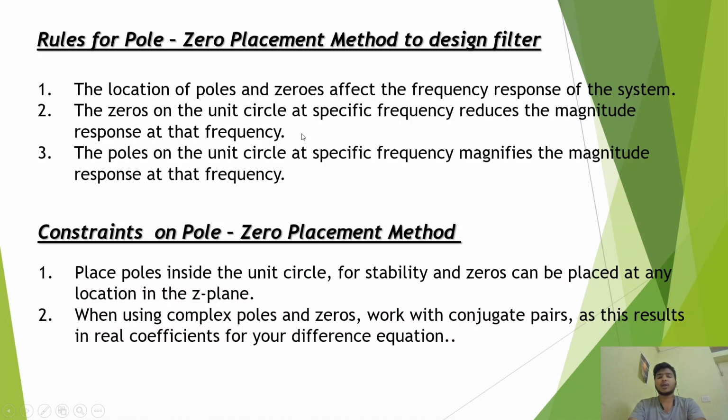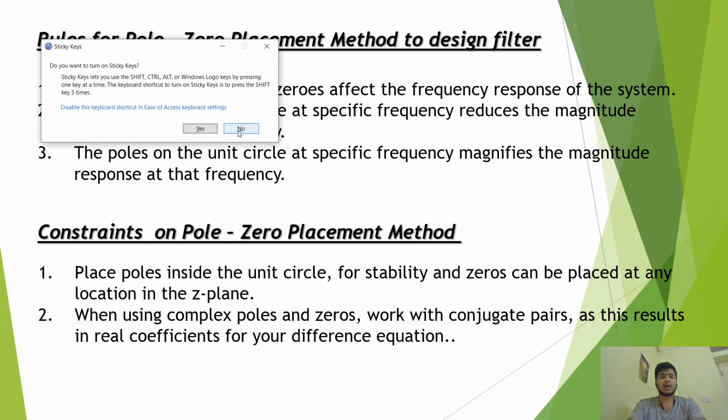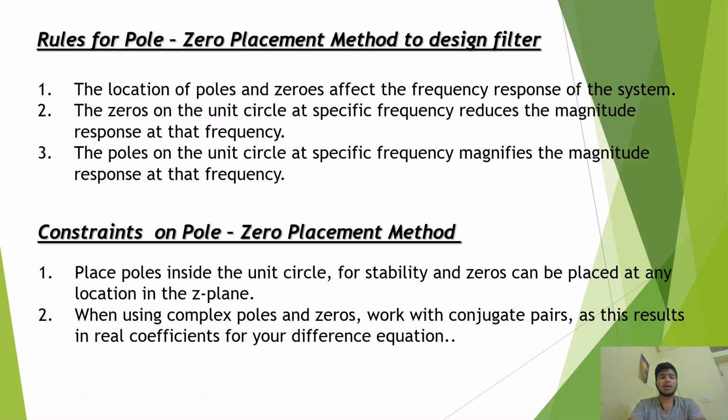So if we don't want any particular frequency, we keep a zero near that frequency. Similarly, poles on the unit circle at a specified frequency magnify the magnitude response at that frequency. So if we want any particular frequency, we keep a pole near it so that the magnitude response at that frequency gets magnified.